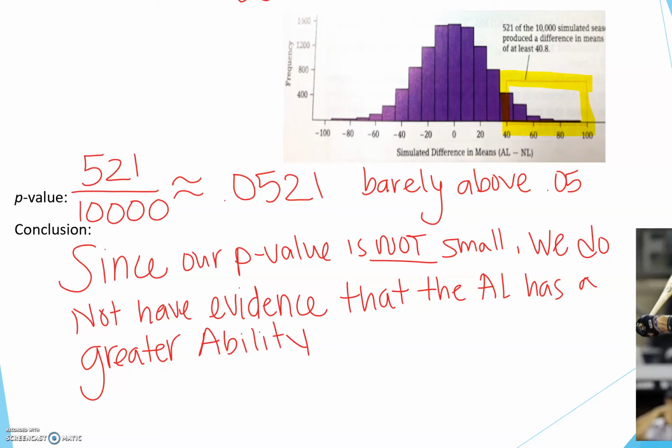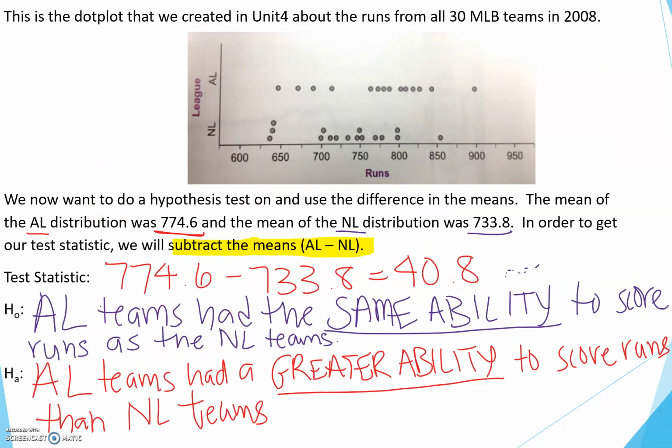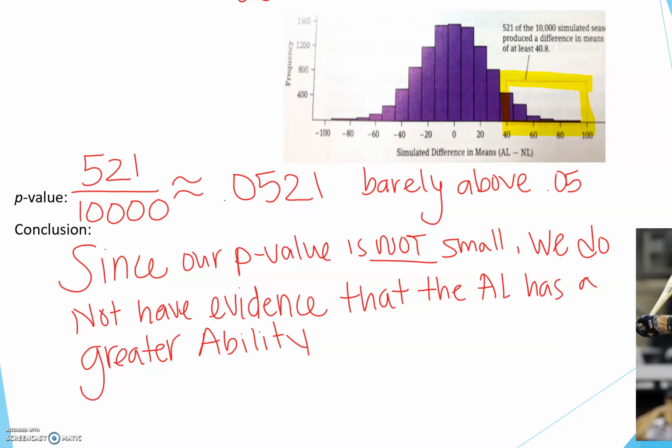What I'm doing here is I'm just restating what we wrote over here. We don't have evidence that the American League teams had a greater ability to score runs than the National League teams. I'm restating that. 0.0521 means no evidence for the alternative. That's my interpretation there. P-value is not small, no evidence for the alternative.